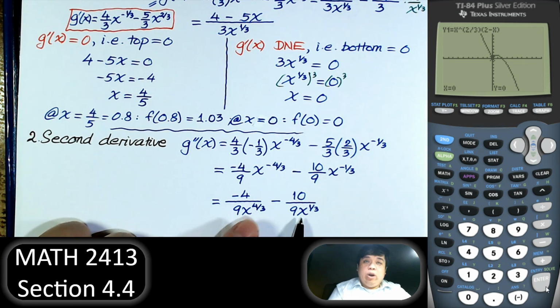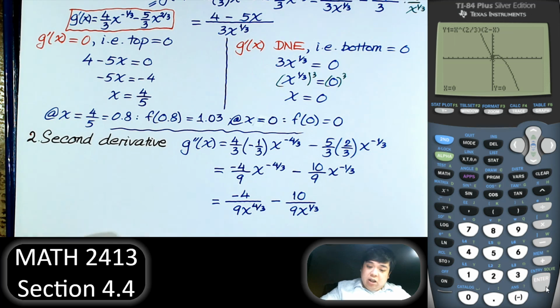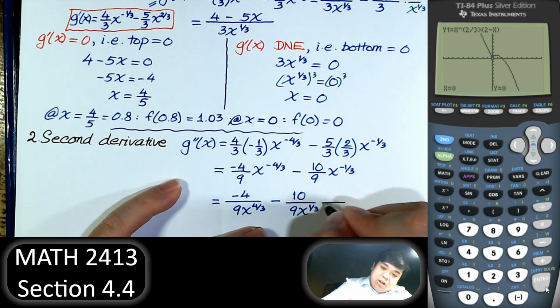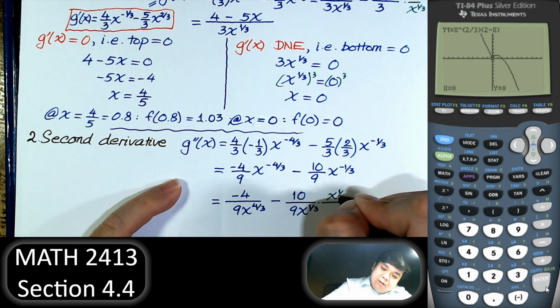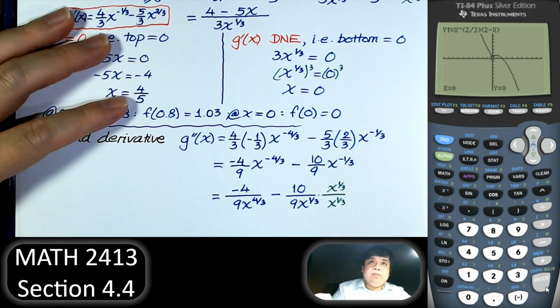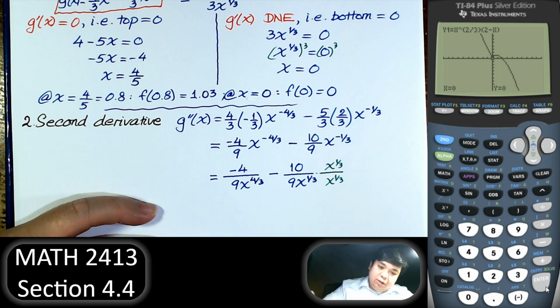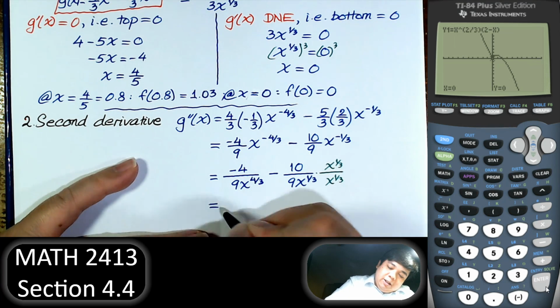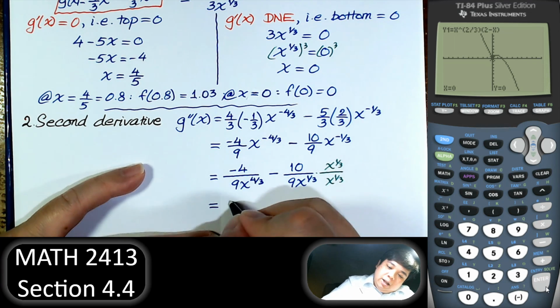Once again, we have to get to the common denominator, so we have to multiply top and bottom by x. That gives us negative 4 on top.